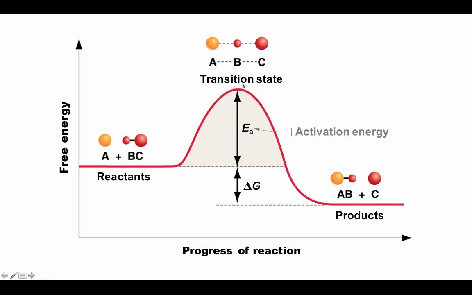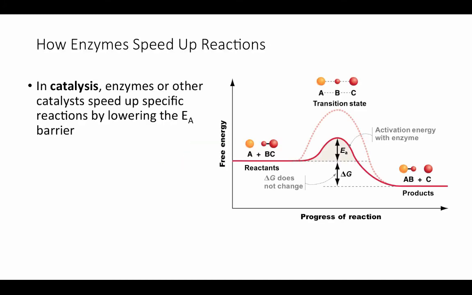And then once they've gotten here, then it's an easy downhill, spontaneous, completely exergonic process to get from here down to the product. But you need to get up this hill by the addition of energy. So how do enzymes help to solve this problem? So in catalysis, enzymes or other catalysts speed up the reactions by lowering the activation energy.